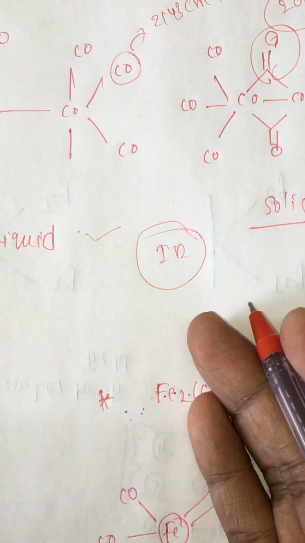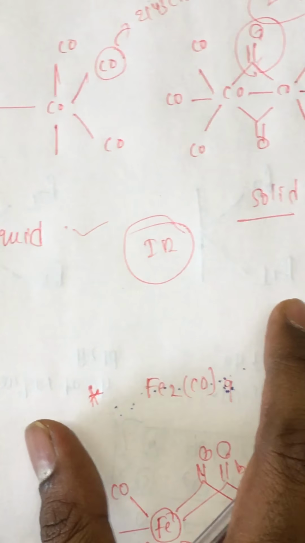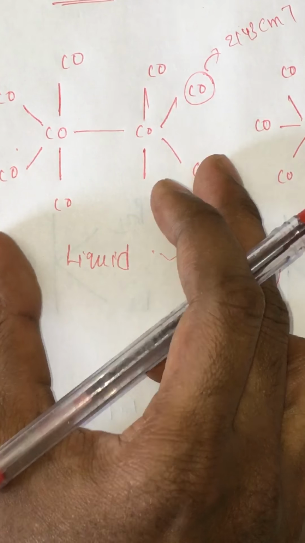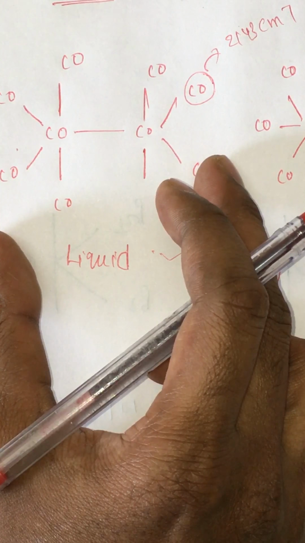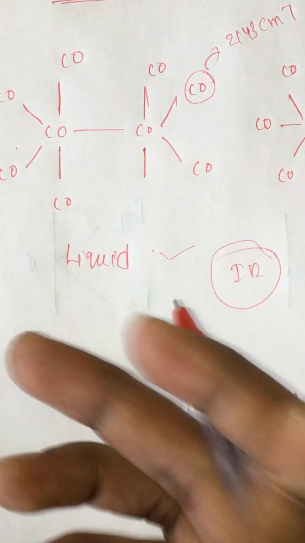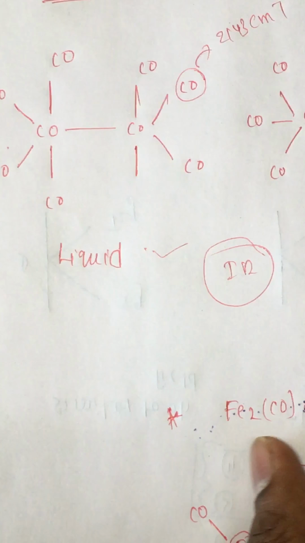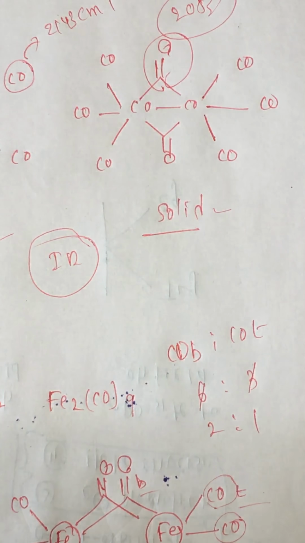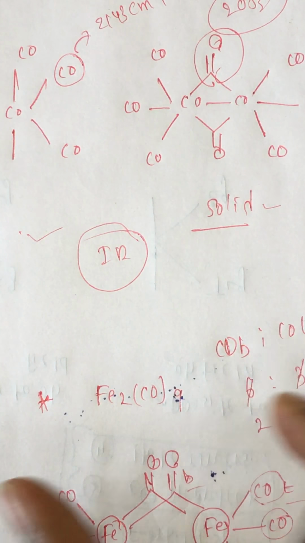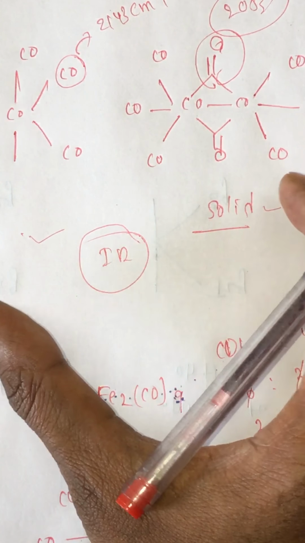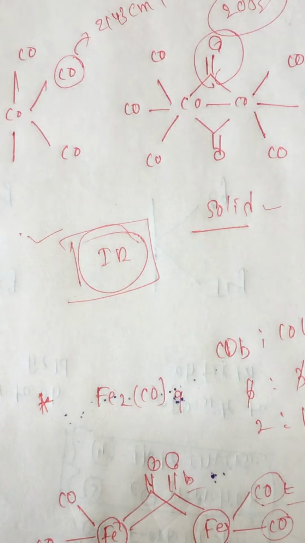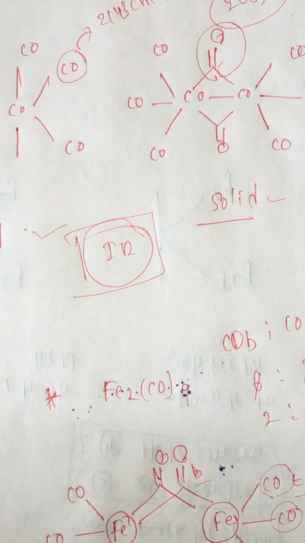But we can identify this by 13C-NMR also, because here we will get only a singlet, only one peak, even at high temperature as well as low temperature, whereas in this case we may get two different peaks at low temperature. So 13C can also be useful for identifying this complex, but IR is a better technique to identify these complex structures in liquid state as well as solid state.